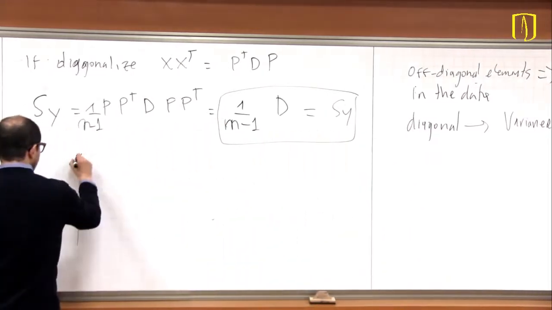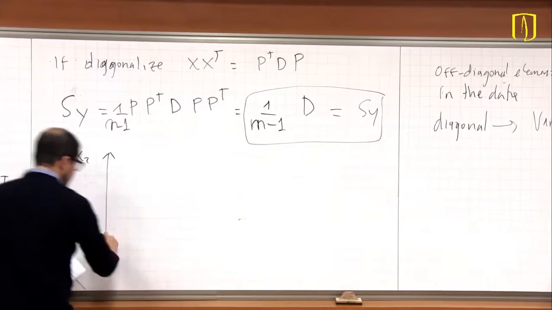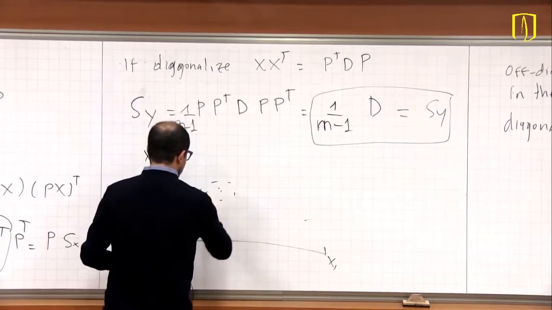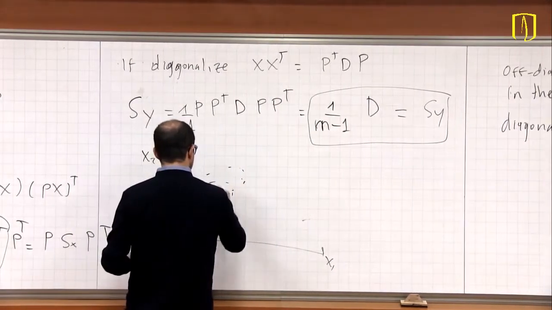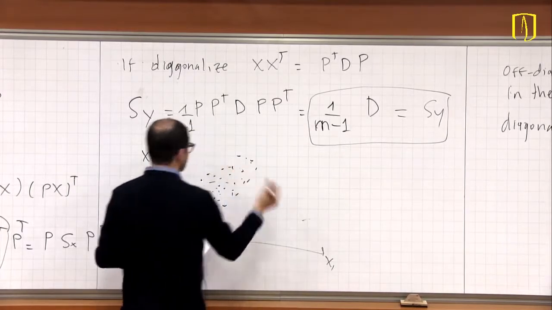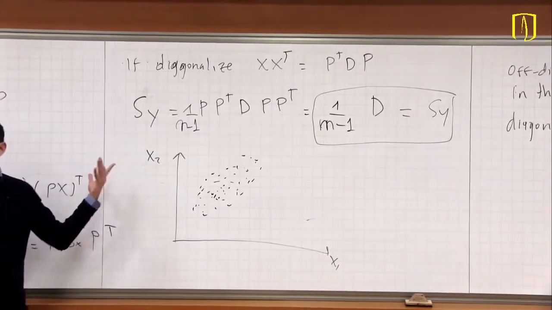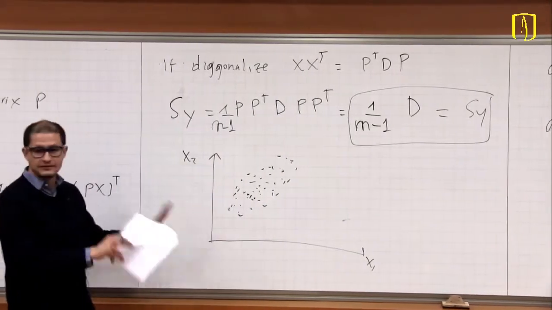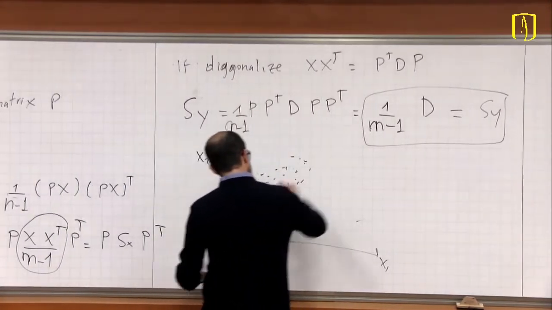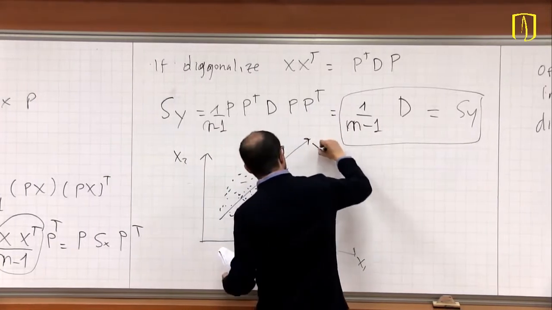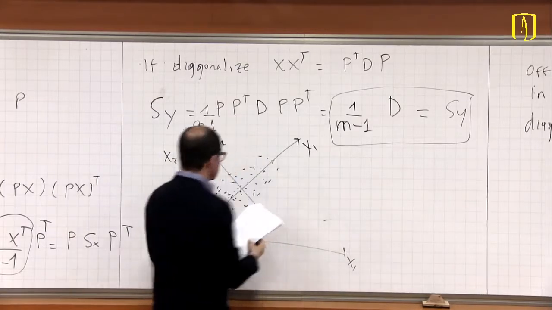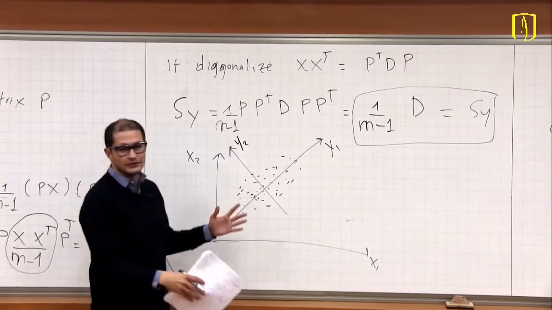Okay, so let me give you a quick cartoon. Let's say we're in 2D, x1, x2, and let me just plot my data set. Let's say that my data set looks like this, right? If you do PCA on this two-dimensional data set, you would find some different axes, y1 and y2, such that the data looks the most uncorrelated.